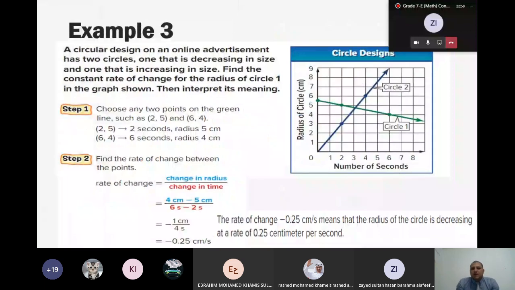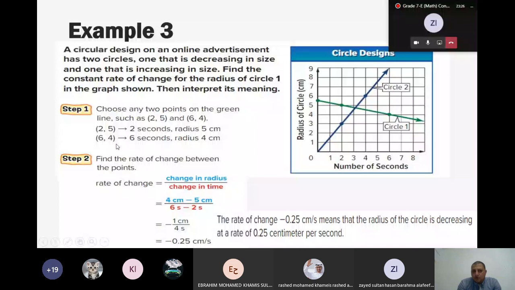The second step is to find the rate of change between the points. The rate of change is the change in radius, which is represented by the y-axis, over the change in time, the x. For the change in y, we have 5 minus 4 or 4 minus 5, it depends.